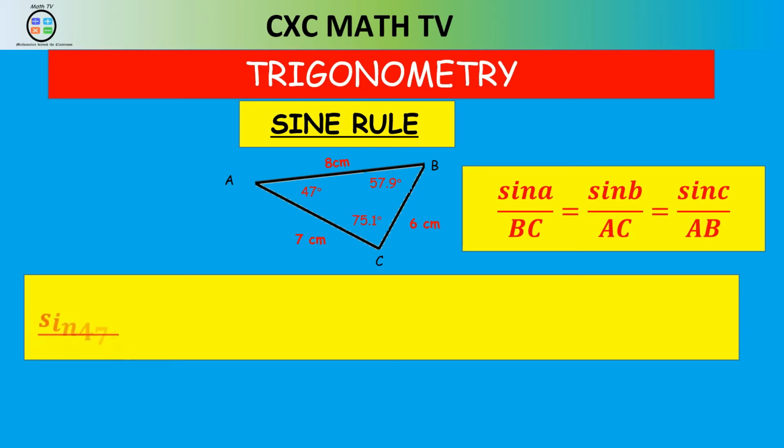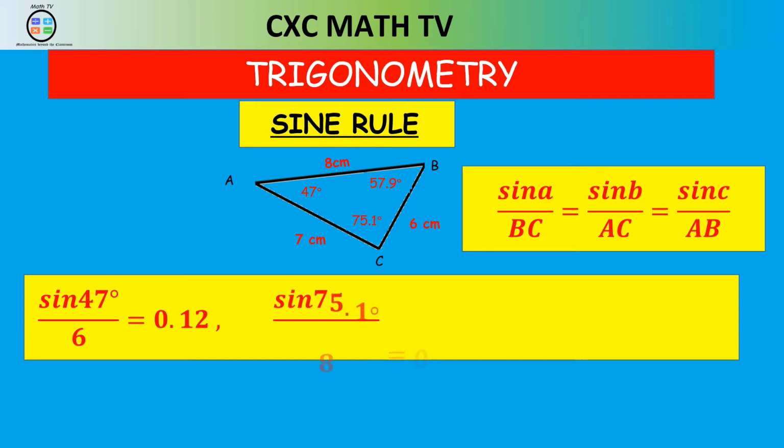Now put that in a calculator. Sine 47 degrees divided by 6 is 0.12. Now the sine of 75.1 degrees, which is opposite to the 8 centimeter side, so sine 75.1 divided by 8 is 0.12 again.